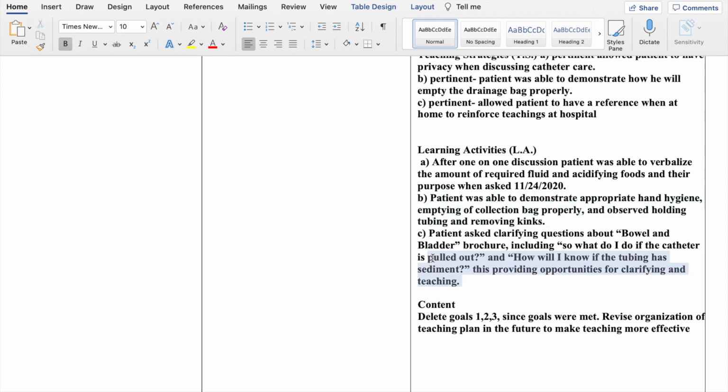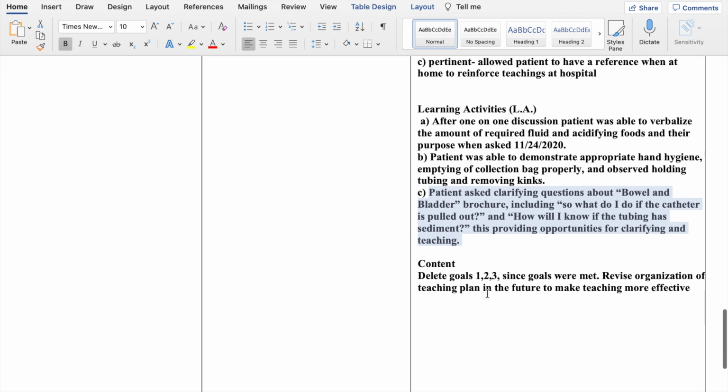And then the next one I put, patient asked clarifying questions about bowel and bladder brochure, including, so what do I do if the catheter is pulled out? And how will I know if the tubing has sediment? This providing opportunities for clarifying and teaching. And then you evaluate the content. So the content, you just would put what you decided to do with your goals and basically what you could have improved.